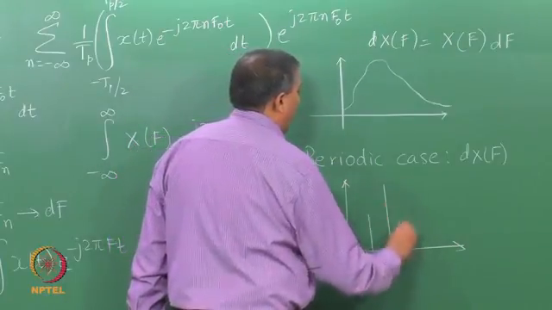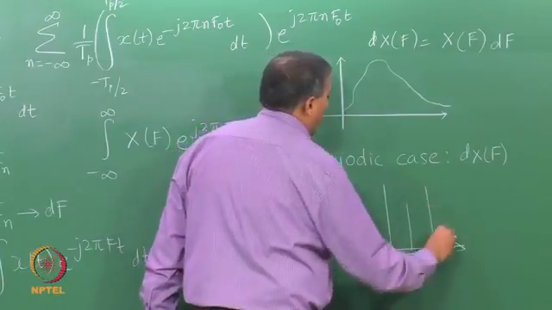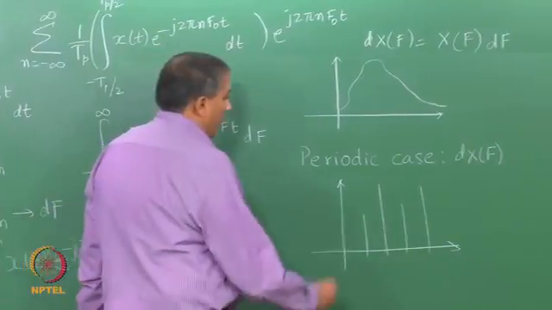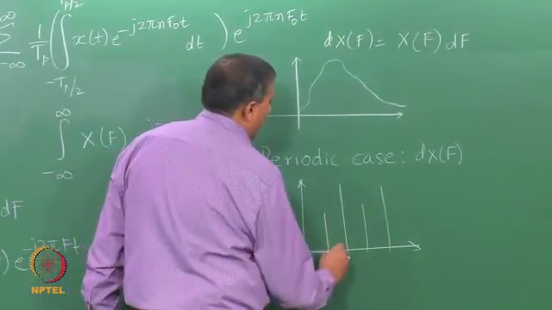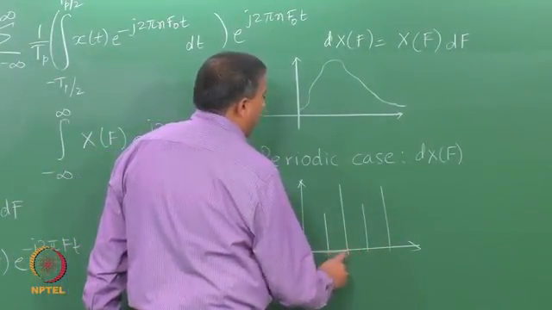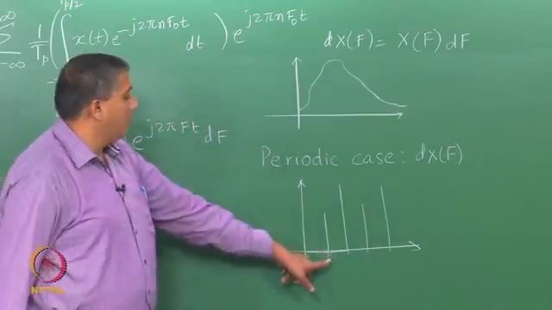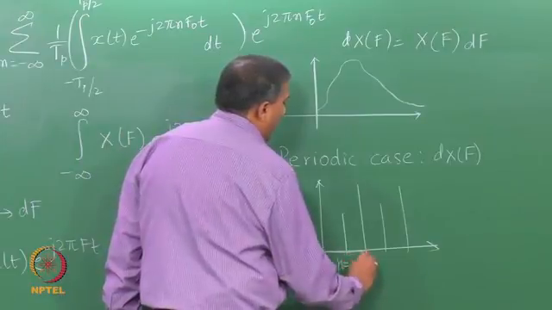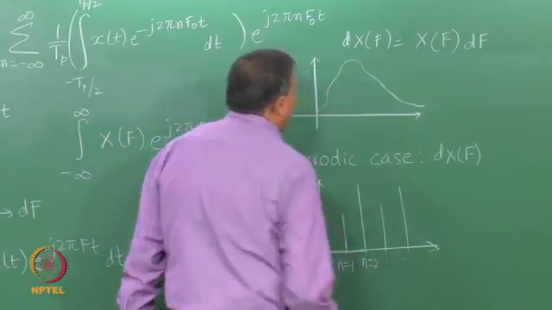So, it is essentially 0 at other points and non-zero at the specific points. We can say this is n equals 1, n equals 2 and so on.